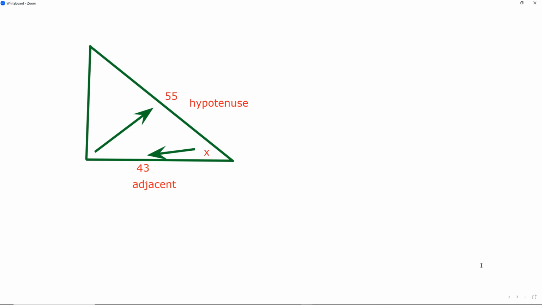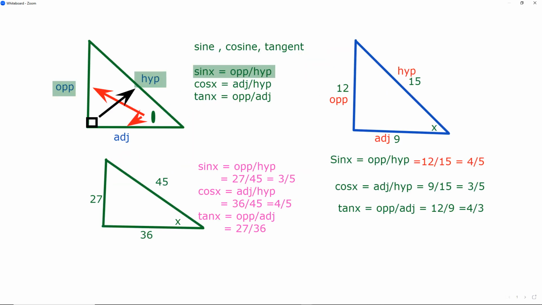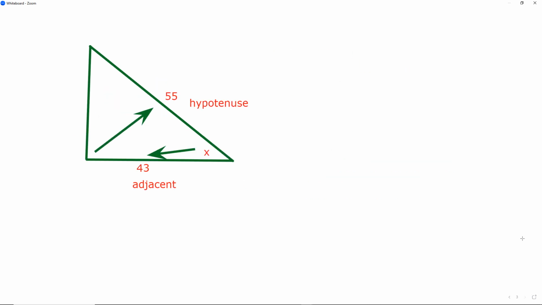So if I go to my initial, we're going, okay, well, we've got our adjacent and we've got our hypotenuse, so then we should use cos, because cos has the adjacent and the hypotenuse in it. So we use cos equals adjacent over hypotenuse. So we write cos of x equals adjacent over hypotenuse. So that becomes cos of x is equal to 43 divided by 55.